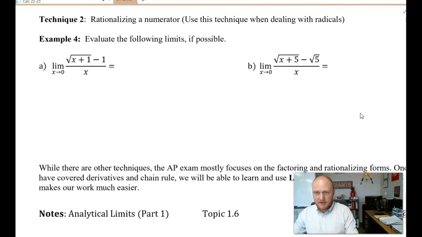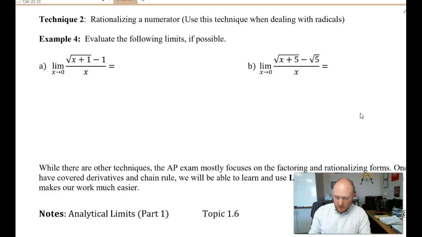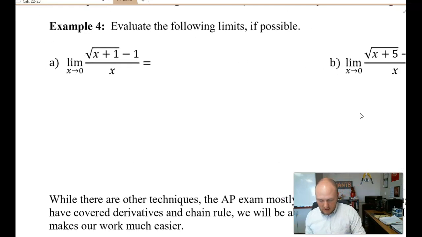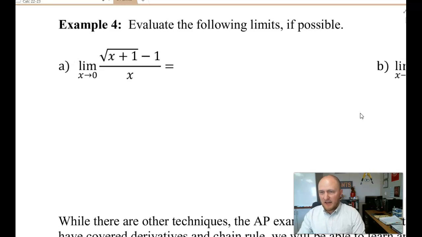If we're going to go ahead and evaluate a limit, okay, we need to learn the idea of rationalizing a numerator, okay? And so I just want to really quickly show you my approach to this problem. So they say example 4, evaluate the following limits if possible.